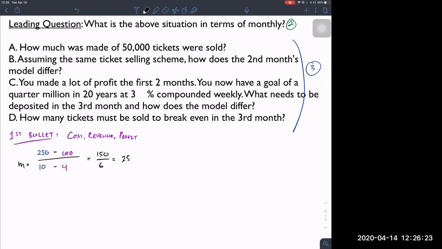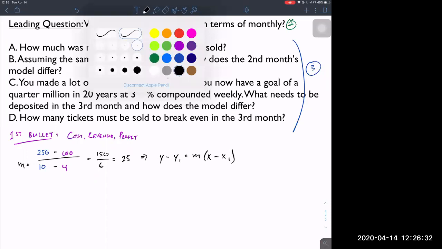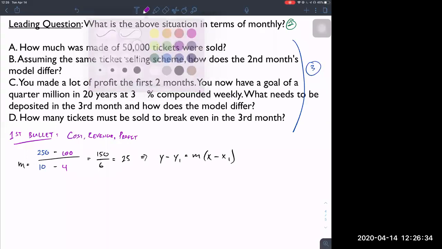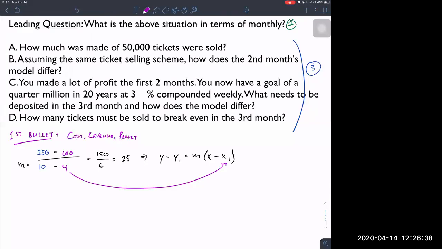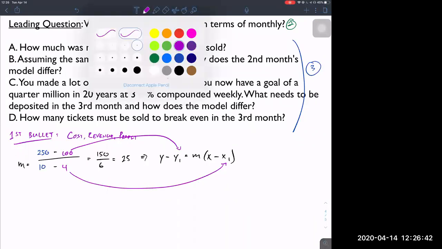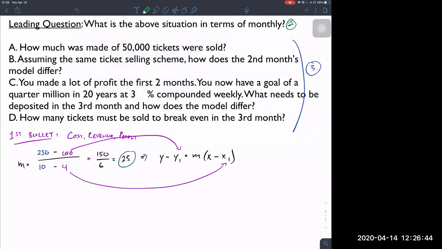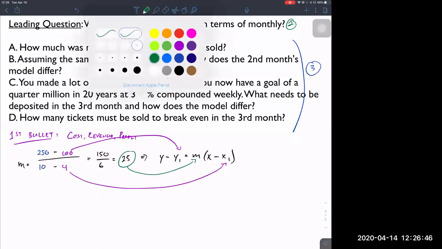And then from there, you use the point-slope formula, y minus y1. As usual, I'm going to pull the smallest point, so that's this here and this here, and 25 goes where the slope is.